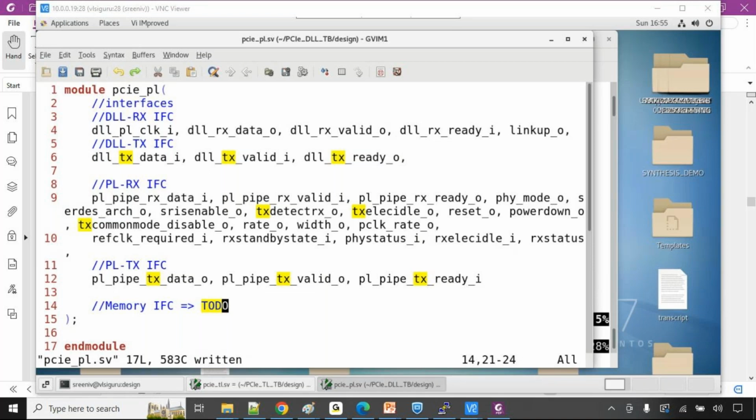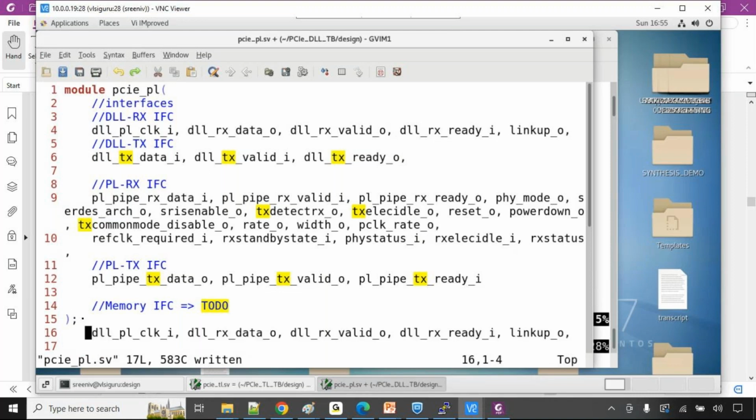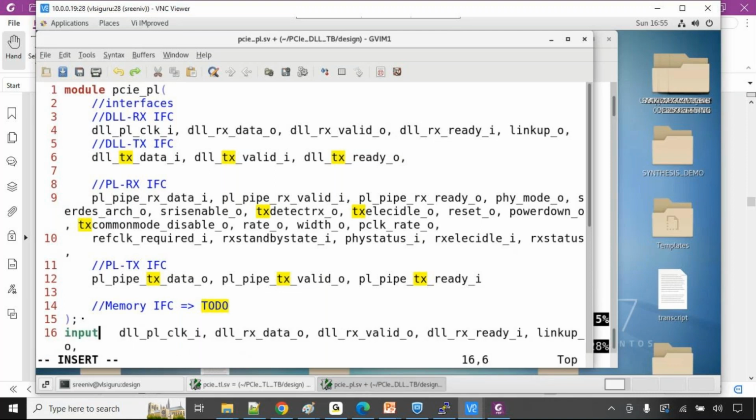So now with this understanding, let us declare the signals. All you have to do is just copy paste these lines. Input.